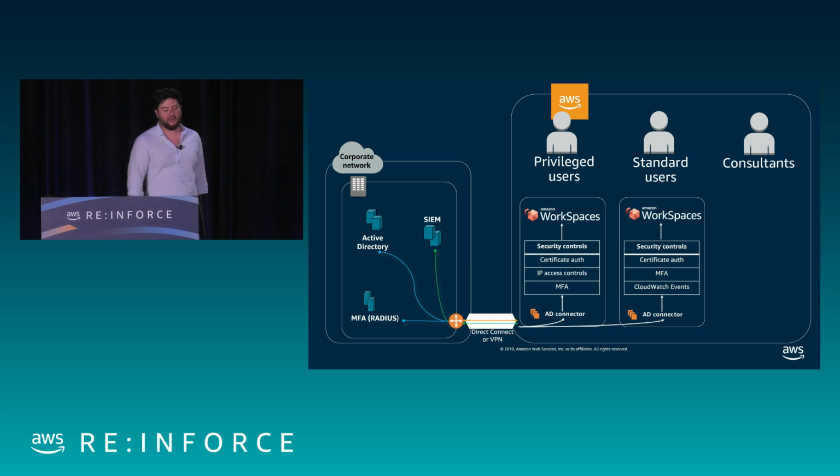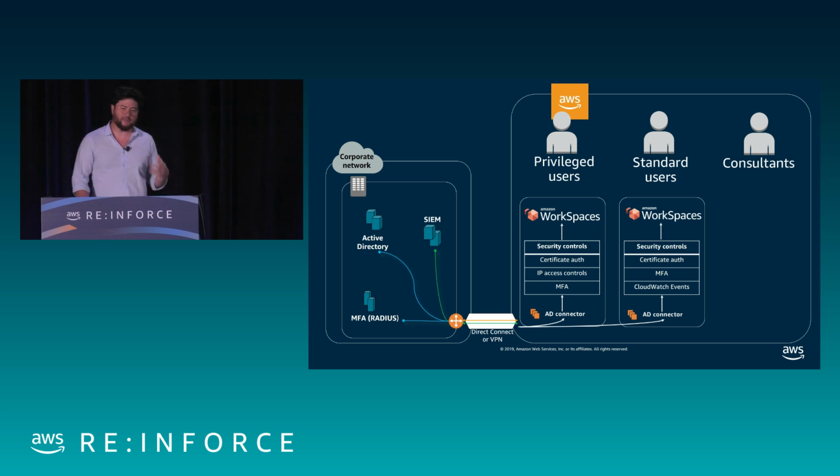And then the other cool thing is telemetry. The CloudWatch event is really useful, really helpful. If you want to develop a baseline about what clients your end users are using, where they're connecting from, when they're connecting, how often they're connecting, CloudWatch events are tremendously helpful.